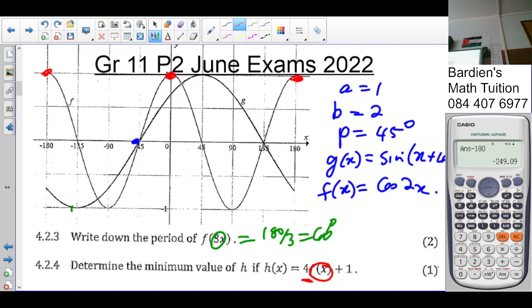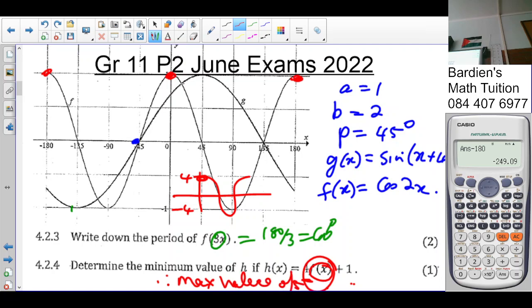So that cos graph would be at 4 and minus 4. Not so. Then what happens to this graph? So for this part of the graph, the maximum value is 4. Can you see that? But what happens to the graph? Moves 1 unit up. Which means to say the maximum value is 5. It moves 1 up, so it will be at 5.